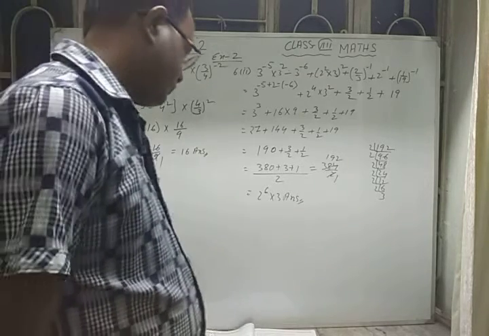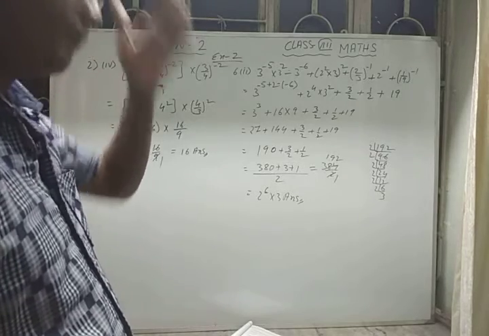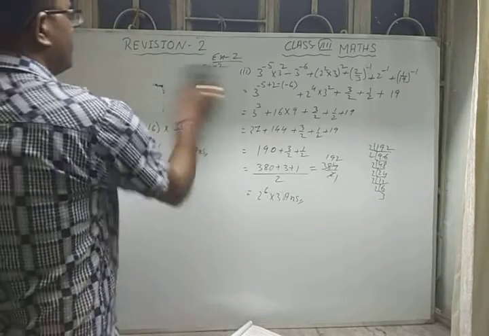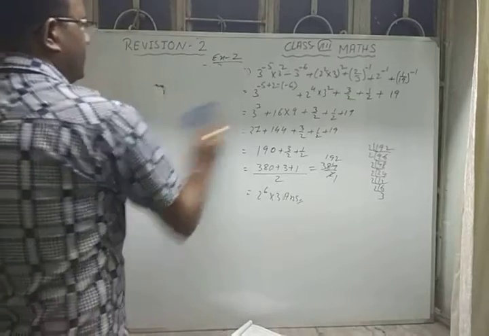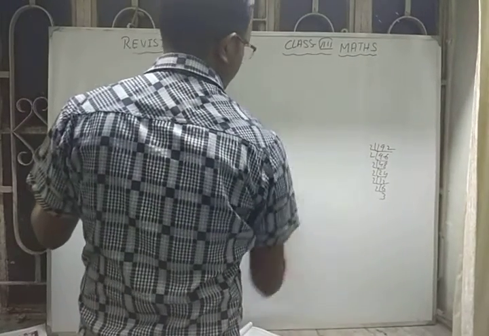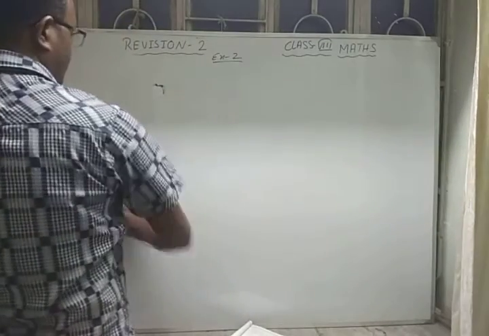One more question I am going to solve for you, where the bases are the same and the powers are equal, the last law. Based on this law I will show you one question. Please see it.